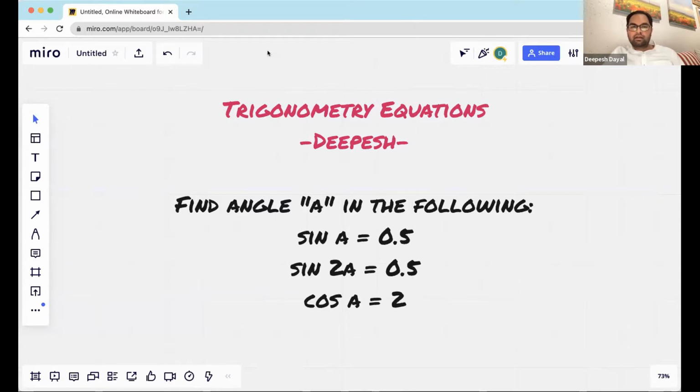Let's have a look. Please feel free to share how things have been with you in trig equations. It's quite an important section, so it's important that you understand it well.